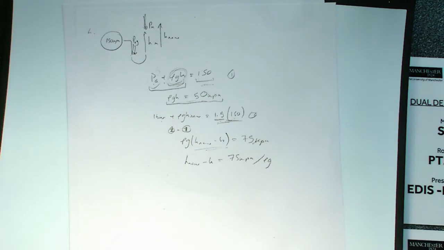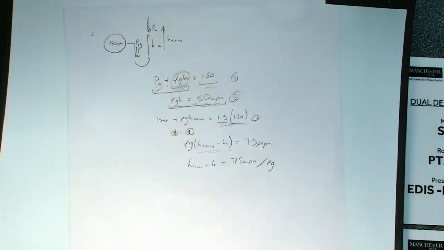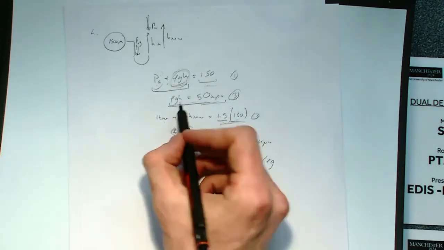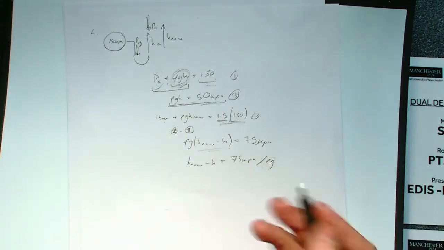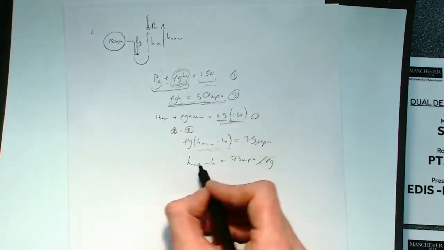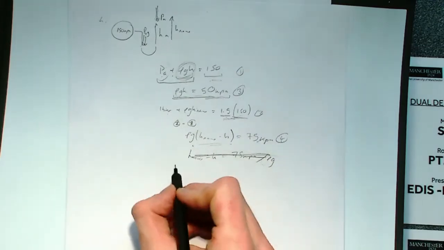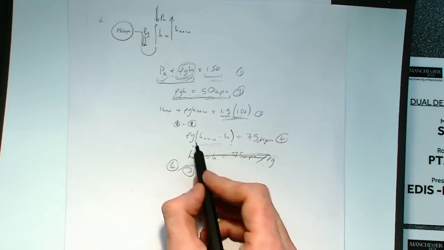Right. Yeah. Okay, so we've got this equation up here. We'll call it equation 3. Yeah, that's the gauge pressure. And to find out the percentage increase, he's being really fancy with the maths, and he's using this as a divisor to get rid of this rho g in here, right? So let's ignore this and go back to this, and we'll call this equation 4. And what we'll do is 4 divided by 3, equation 4 divided by equation 3.